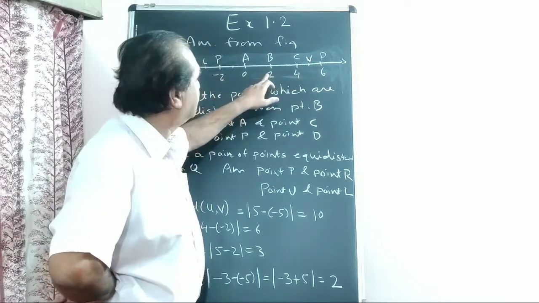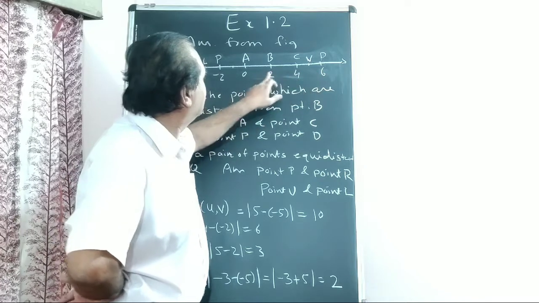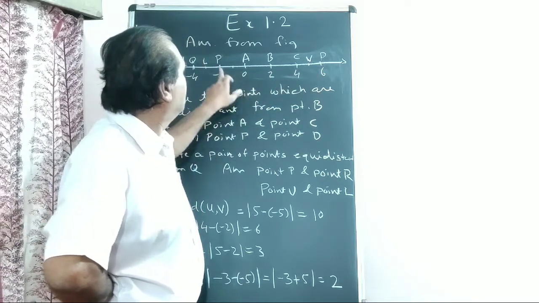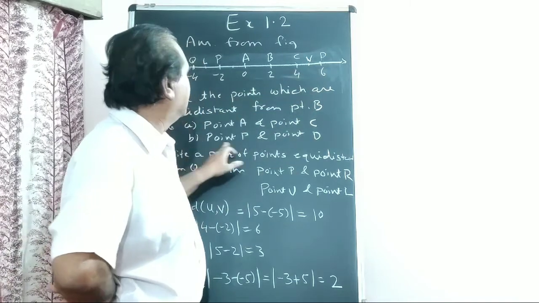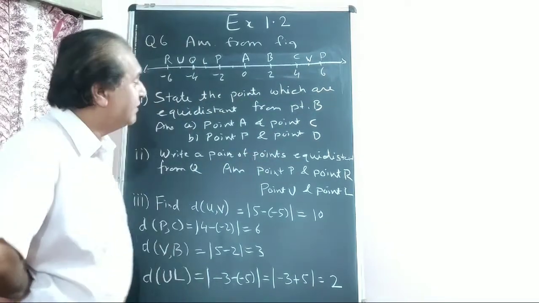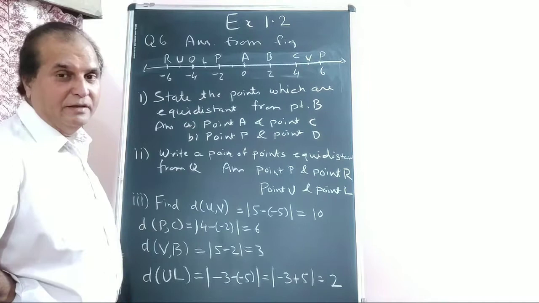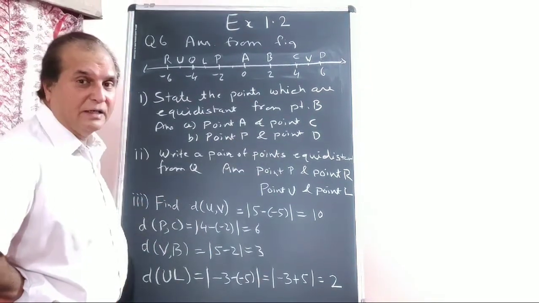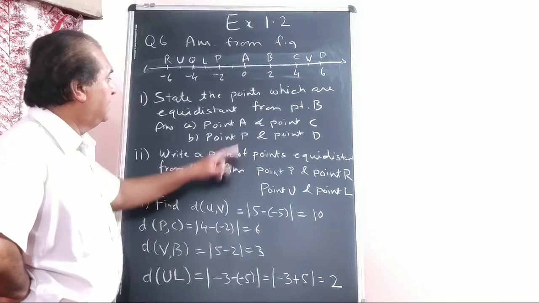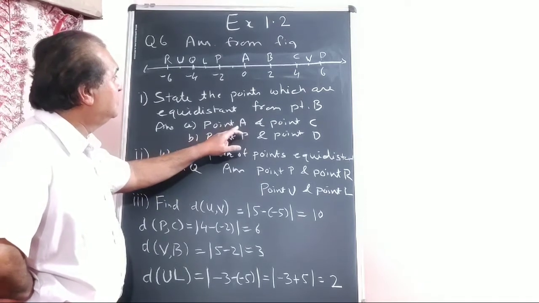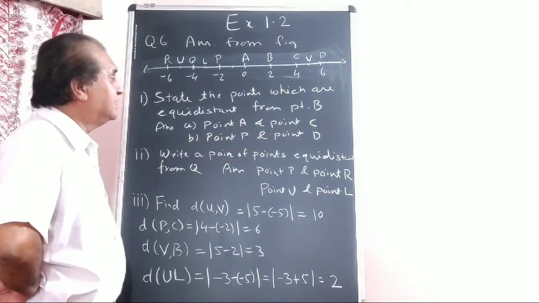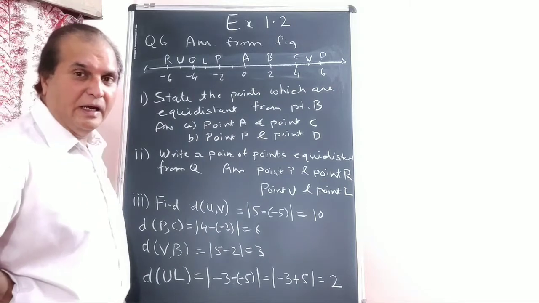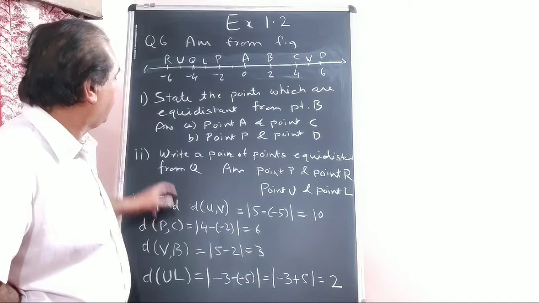You can calculate the distance and show. D is at a distance 4, and P, minus 2 to 2, is 4. So P and D is another answer. They are equidistant from point B. A is at a distance 2, and C is at a distance 2. Understood? Any doubt, you ask me again.